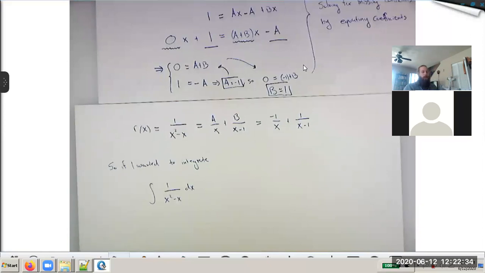I couldn't have done this using anything else. Trig sub won't work here. You could maybe complete the square downstairs and do a trig sub, but that would be so nasty. We saw one of those last time.